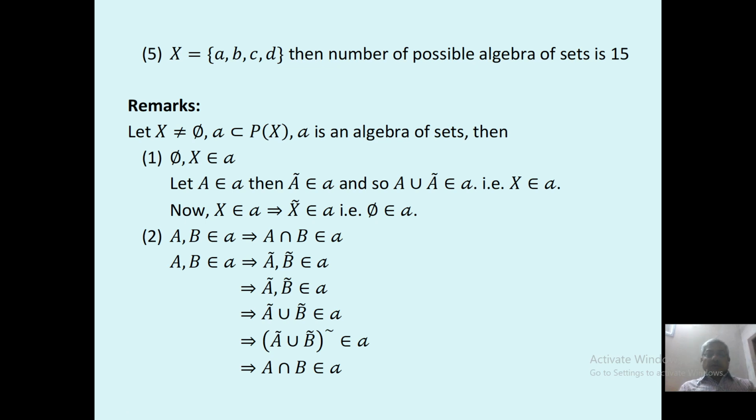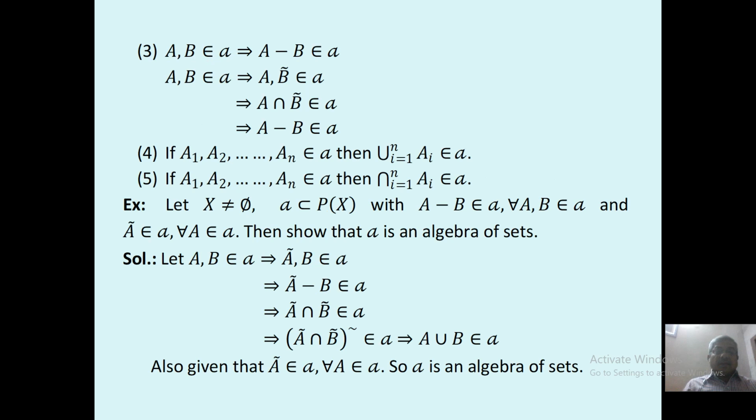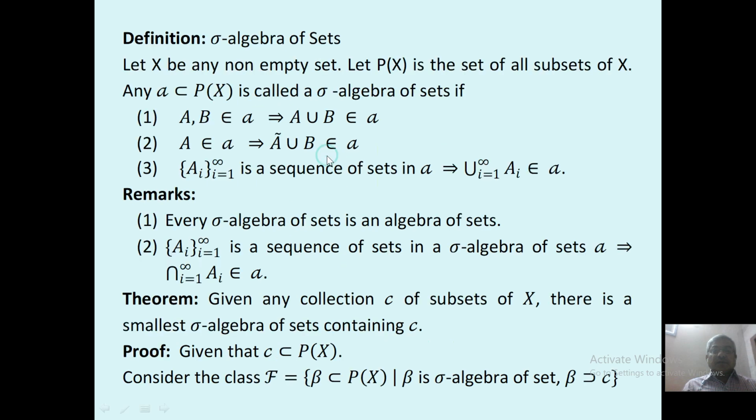Now we know that the union of two members of script A is also a member of script A. If you take a third member, then again if you take the union with this member, it also belongs to script A. So a finite union is always a member of an algebra of sets.